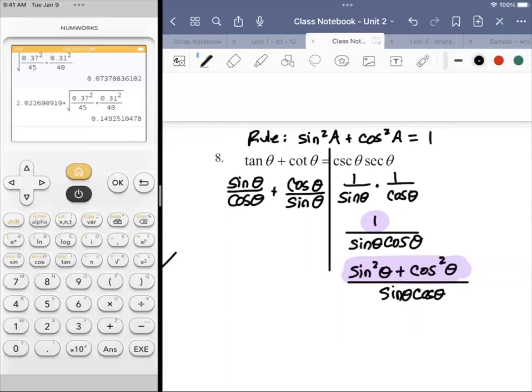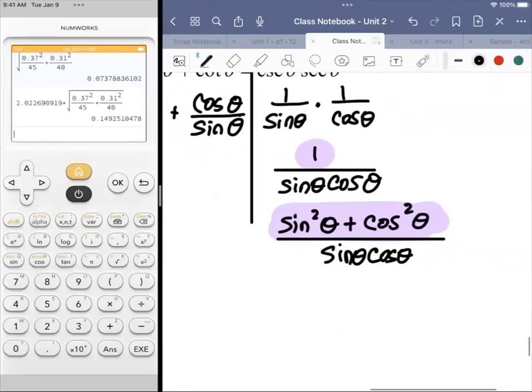Now you may look at this and say, okay, well, what purpose did that serve? Well, just like you get a common denominator to put two fractions together, I can un-get a common denominator or break up the fraction. I do that by any pluses or minuses that exist in the numerator.